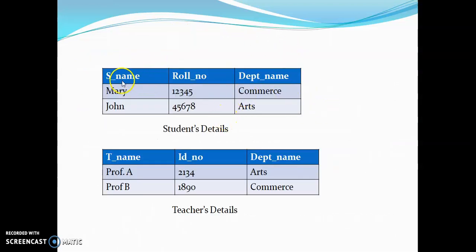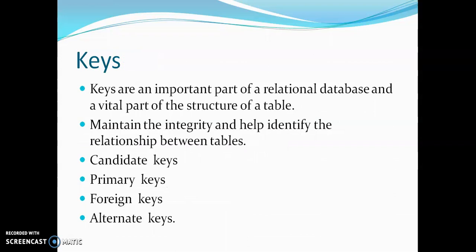I cannot use the student name, it exists only here. I cannot use the roll number, it exists only here, and the same for teacher's name and ID. But what we have is something common here, a department name and a department name. So this acts as a link between these two tables. This is how I can connect the student's details and the teacher's details, because they both belong to the same department. So that is what a key is all about.